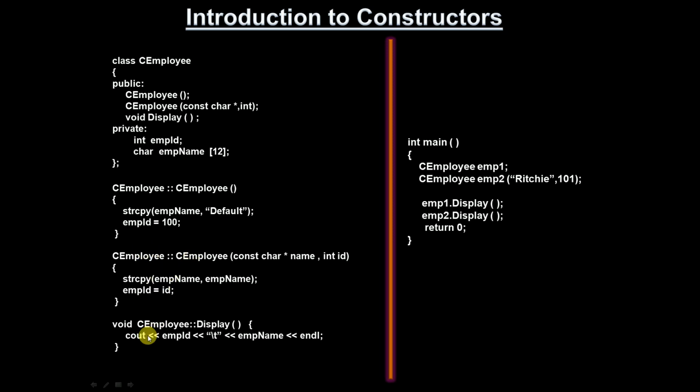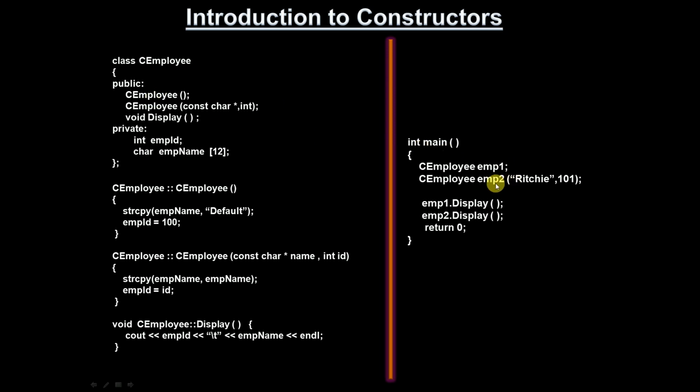So this is the syntax. When you are creating the object, if you are not providing arguments, then it will call the zero argument constructor. If you are providing the arguments, it will call the parameterized constructor. During compile time, it will check which constructor to call at this place. If you are not passing any argument, it will call the zero argument constructor.